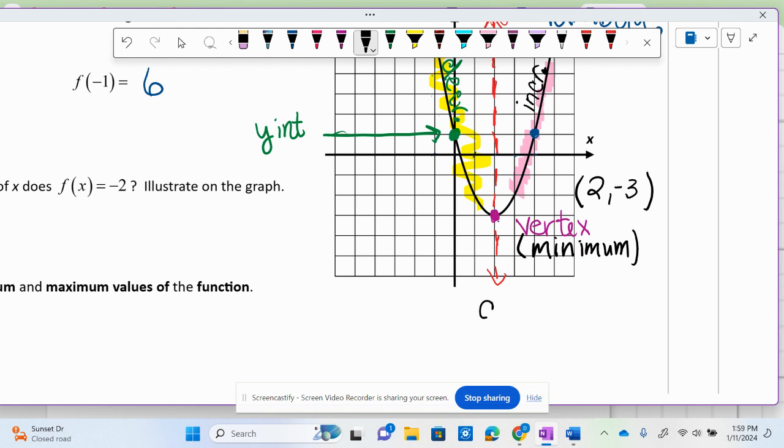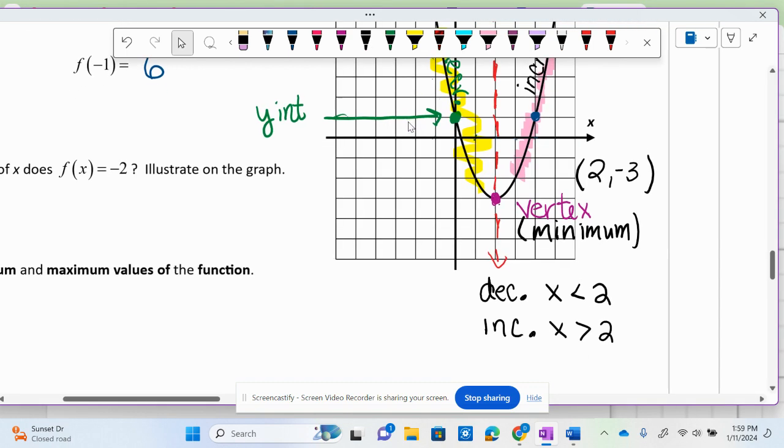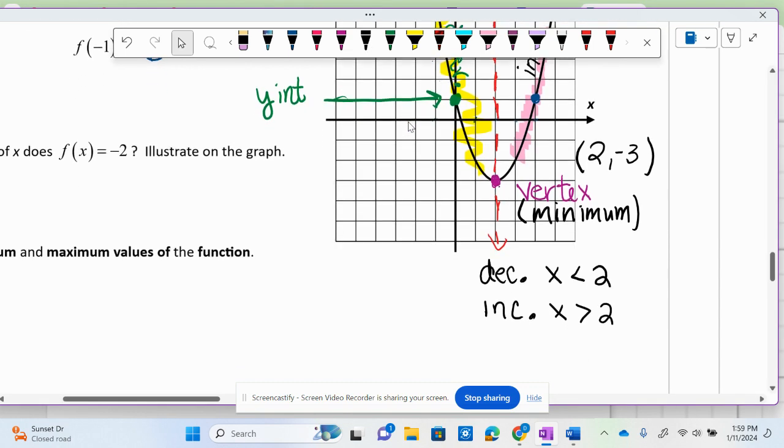So that means that this graph is decreasing for all x values that are less than 2. And that's everything that's on the yellow side. And it's increasing for all x values that are greater than 2.